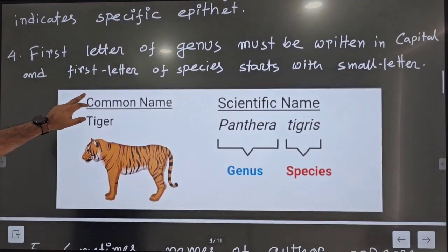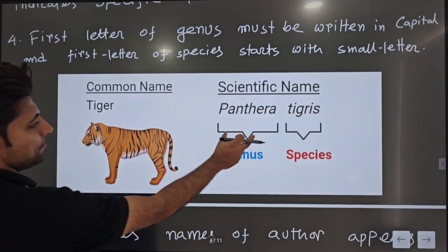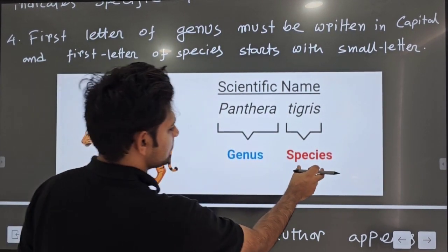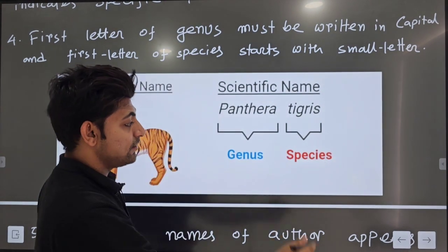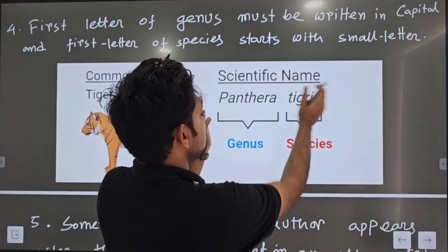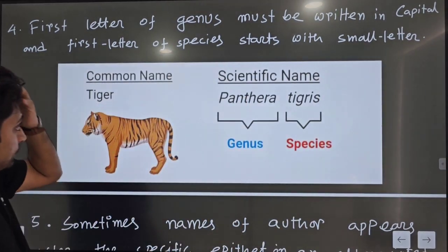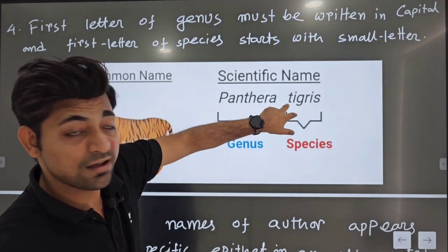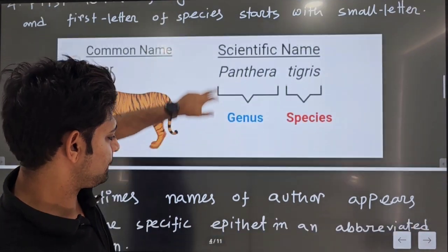Next, Panthera tigris, scientific name of tiger. Panthera is the genus, not species. Specific epithet is tigris. Panthera tigris is the total species. And P of Panthera starts with a capital letter, t of tigris starts with a small letter.